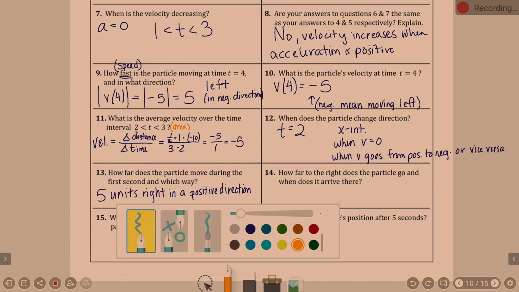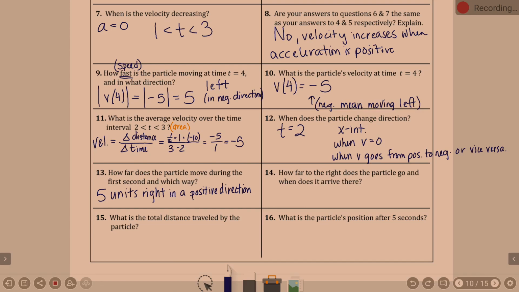Okay, so in the first second, it's 1 times 5. In the second second, it's 1/2 times 1 times 5. So that is going to end up 7.5. And I just have 7.5 units.